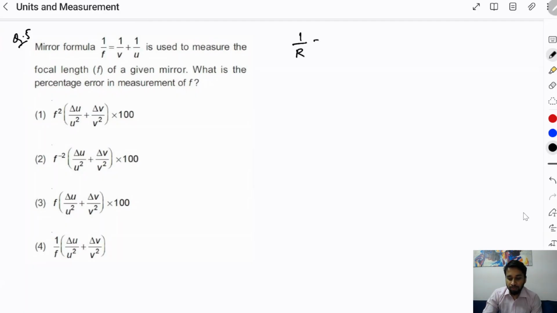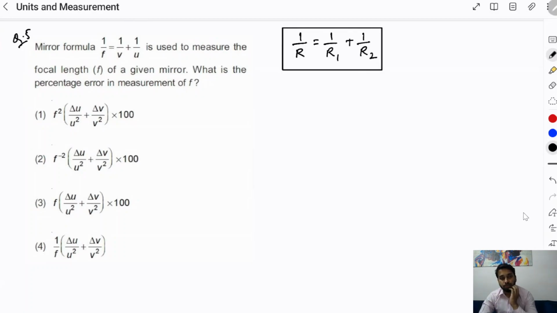1 by R effective is 1 by R1 plus 1 by R2. So whatever relation is valid for this particular question, the same relation will be valid for parallel combination of resistors as well. Okay, now let us see.